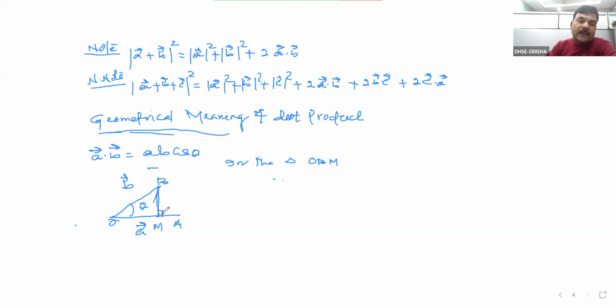So in the triangle OBM, cos theta is equal to OM upon OB. OB is vector B, so OM is equal to B mod cos theta.